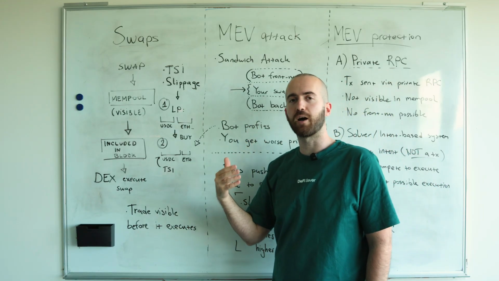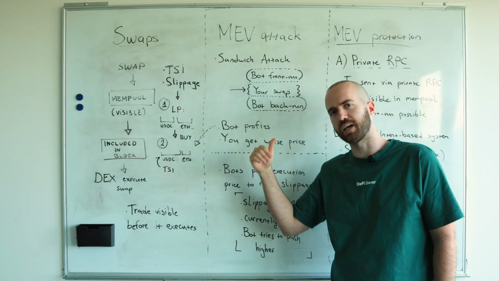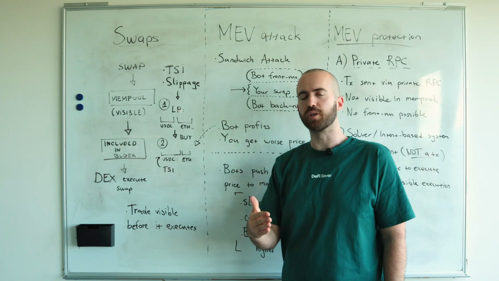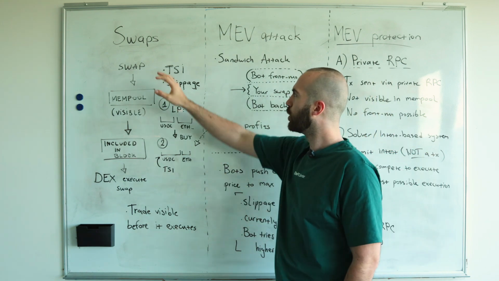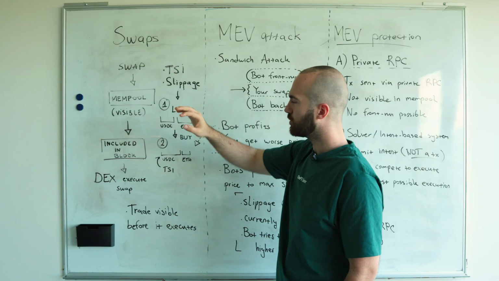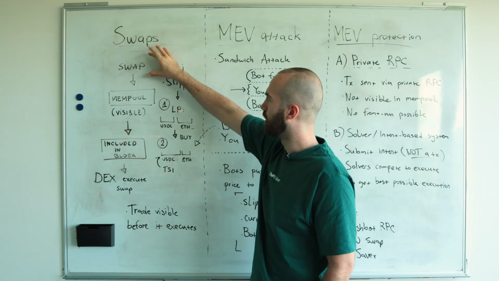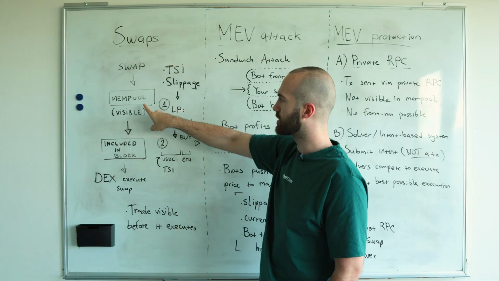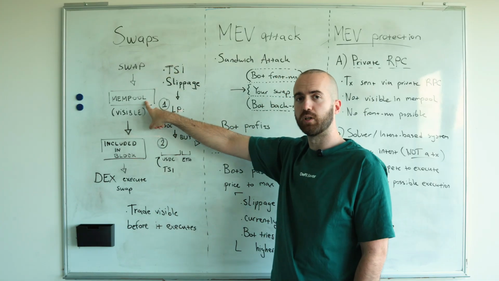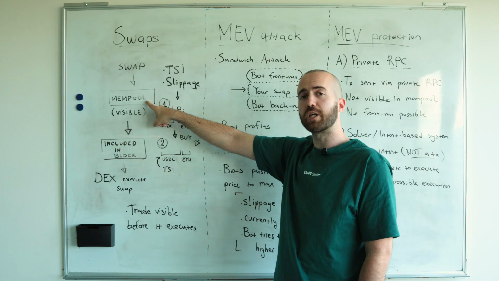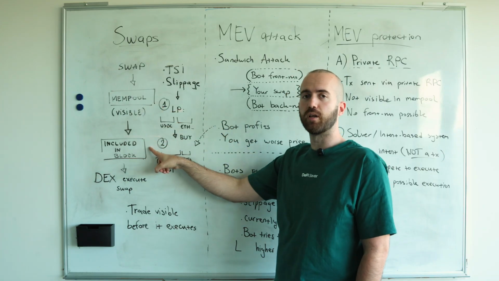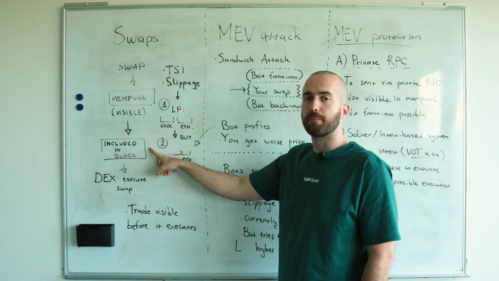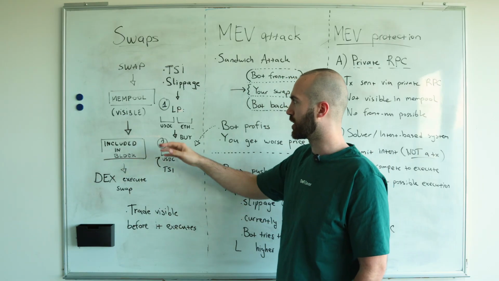We're first going to look at how they actually function and then where the MEV attack's entry point is, where the bot capitalizes from the attack. So with swaps in DeFi, the basic way they work is you submit a swap, it gets submitted to a mempool, which essentially holds information on this transaction before it's actually included in a block and goes live on the blockchain.